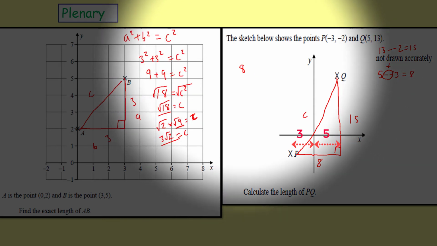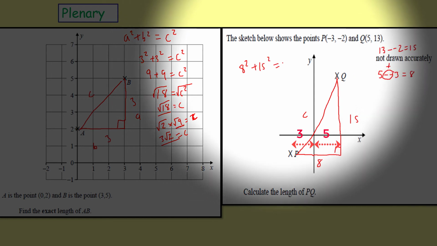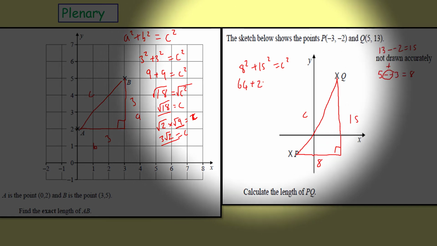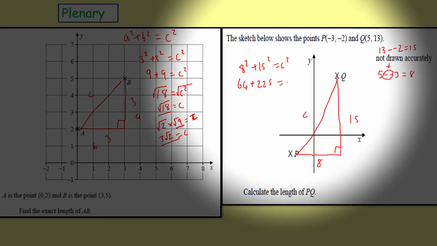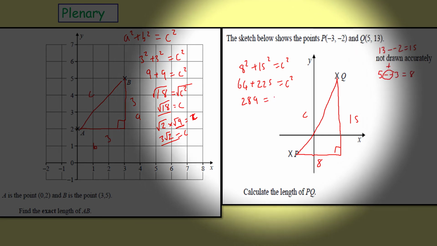So it's going to be 8 squared plus 15 squared equals c squared. That's 64, add 225 equals c squared. So that's going to be 289 equals c squared.